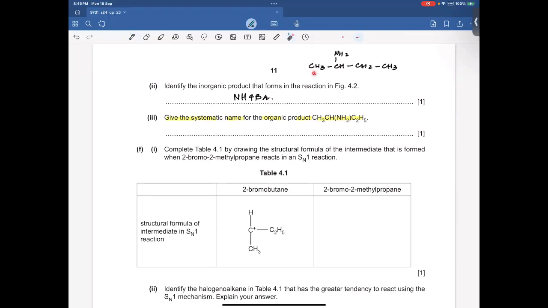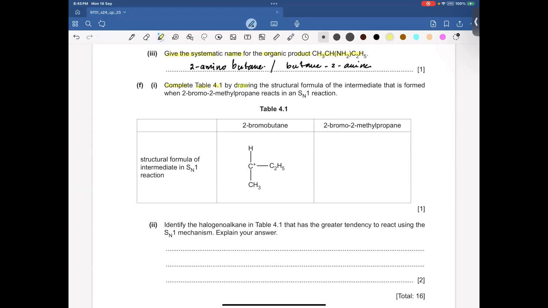So basically it's 2-aminobutane. Or you can even write, since we have 4 carbon atoms, it's butane. On the second carbon, we have an amine, so it's butan-2-amine. Both are acceptable from my perspective, okay?